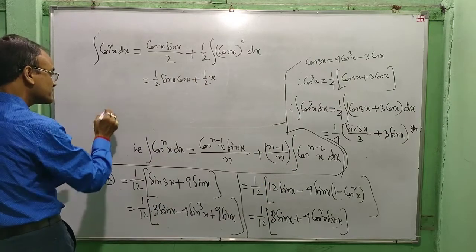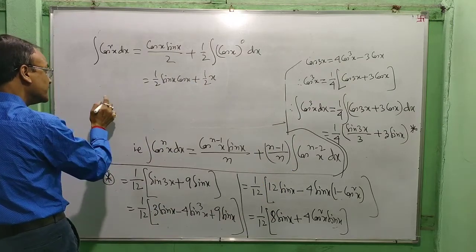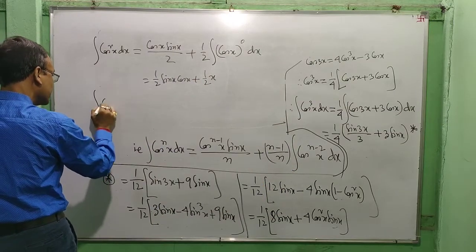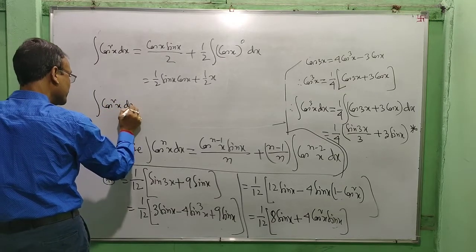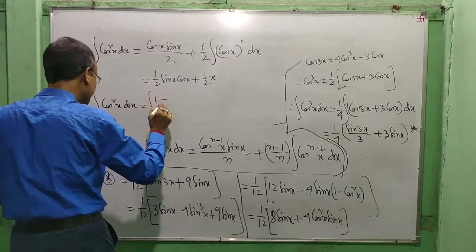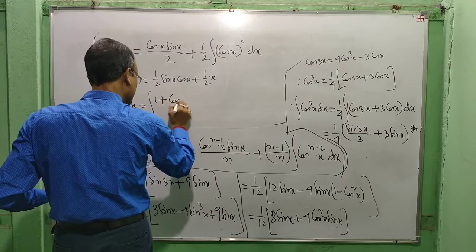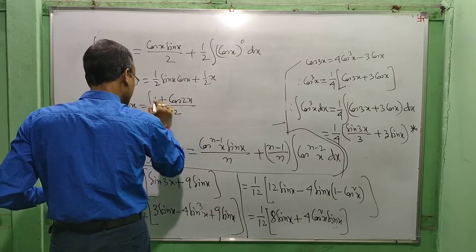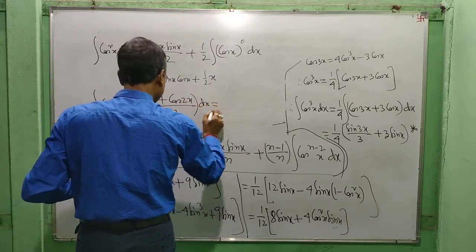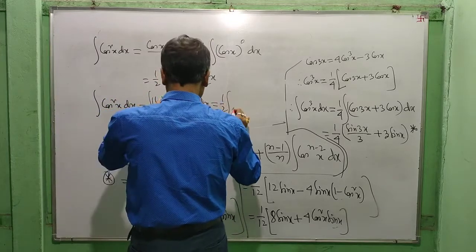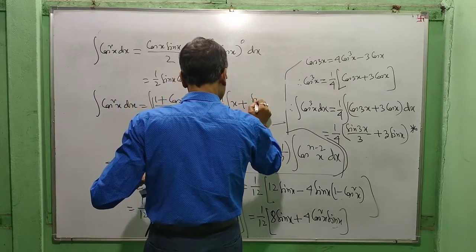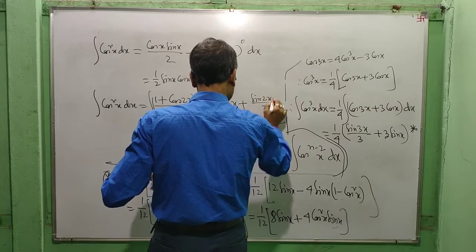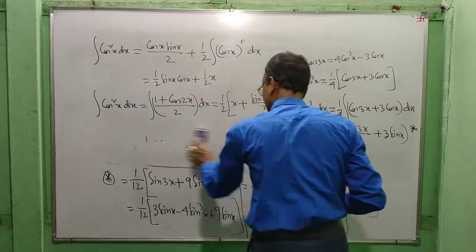Now, generally we integrated like this: (1 plus cos 2x) divided by 2. This is equal to 1 by 2, integration of 1 is x, plus sin 2x divided by 2.